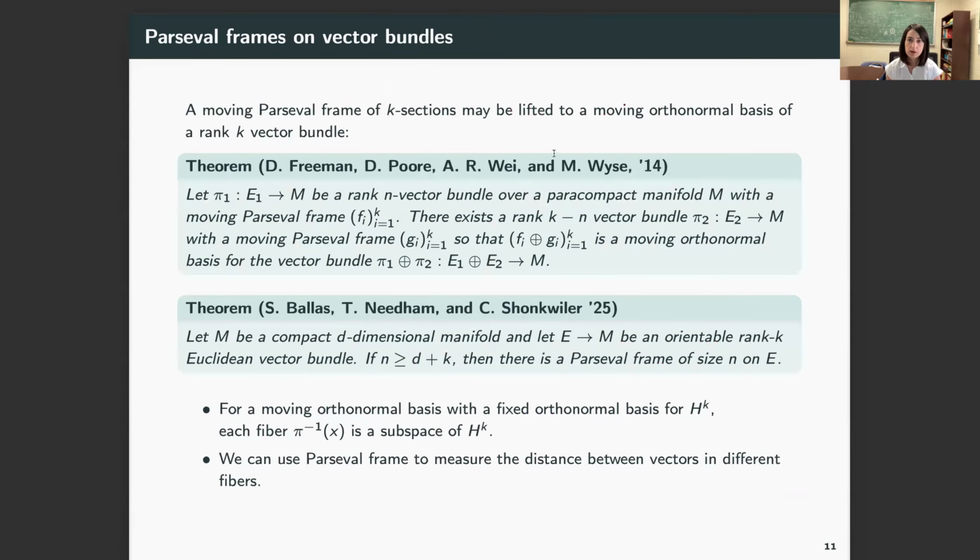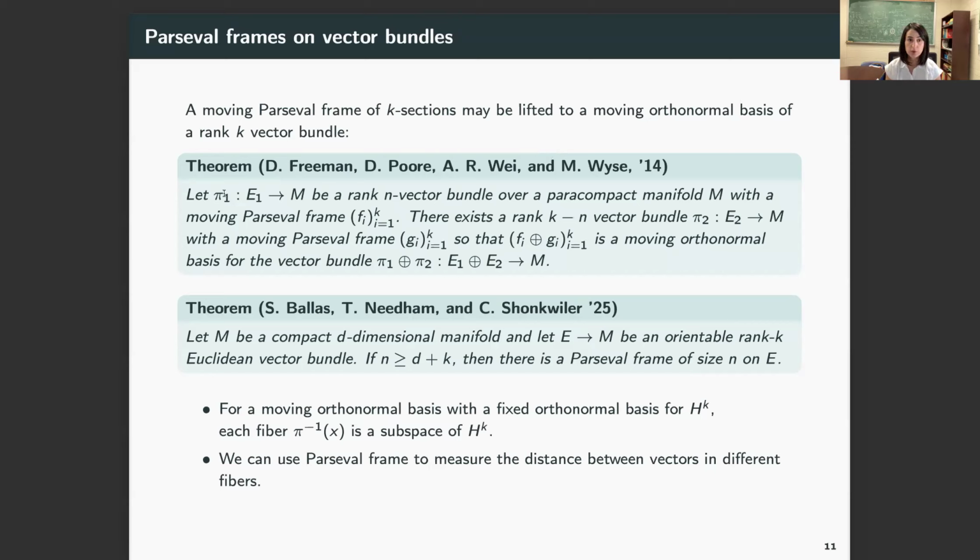There are some very interesting and important results to mention here. A moving parseval frame of K sections can be lifted to a moving orthonormal basis of a rank N vector bundle.